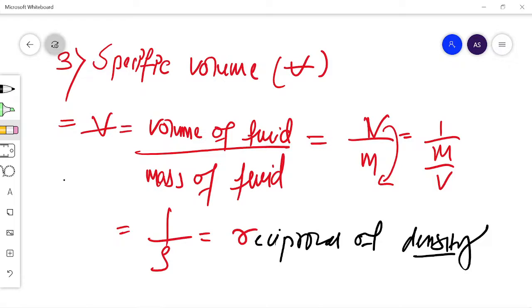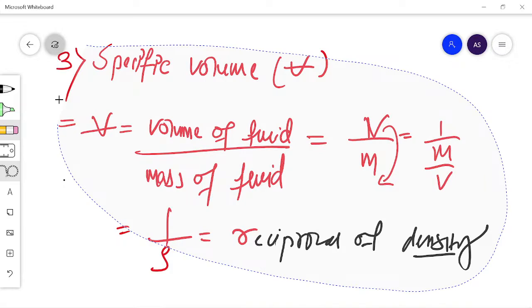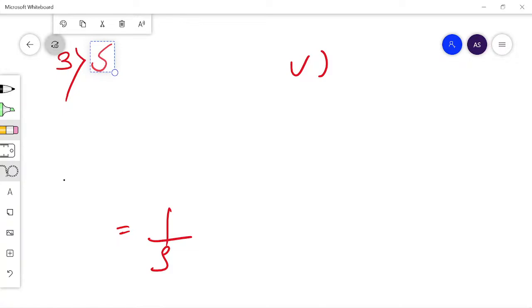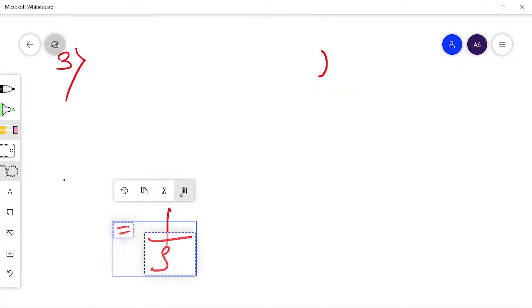Another important thing we need to discuss is the specific gravity, or relative density. What is the relative density? We need to discuss that, which is very, very important in fluid dynamics.